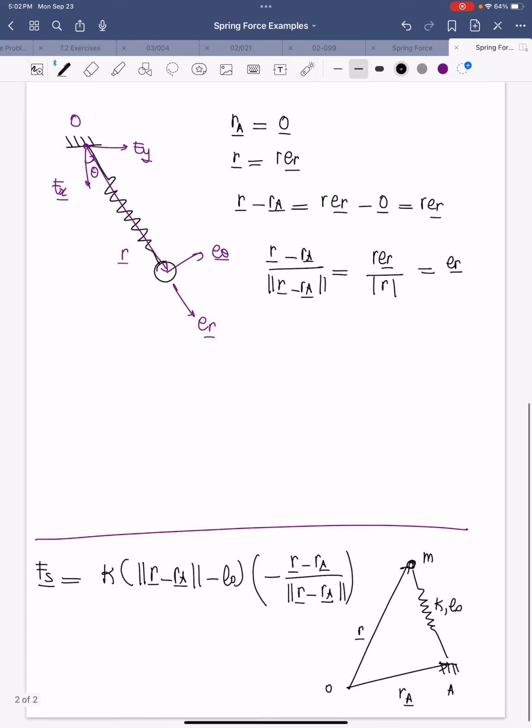And so when I write my spring force, it is going to be minus k, the magnitude of r minus r_A, which is r, minus L_0, times E_r.